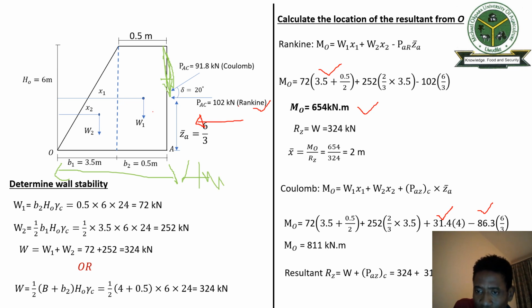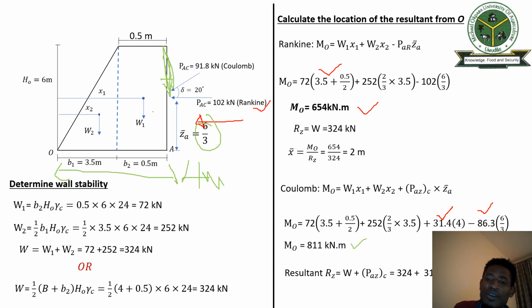And that is how we got this one. We said 31.4 multiplied by 4. So again, what do you do? The next one you have is 86.3, which is the horizontal force here. You multiply 86.3 by half of the height, which is 6/3. That is how we calculated and got this.